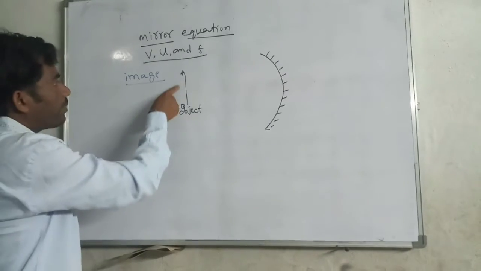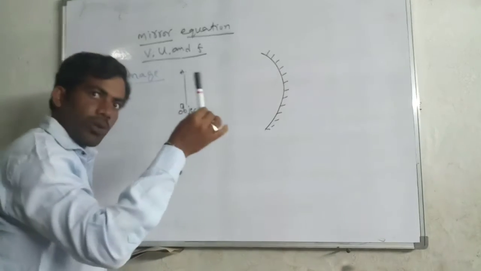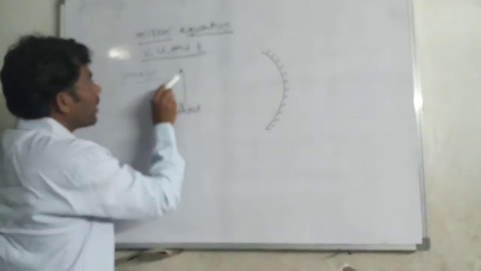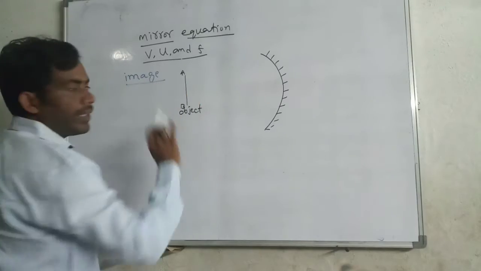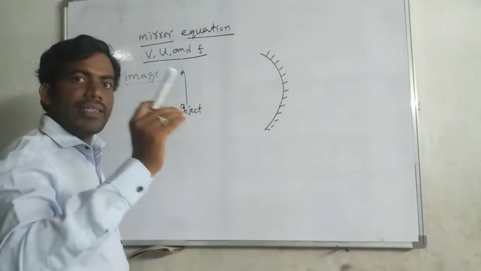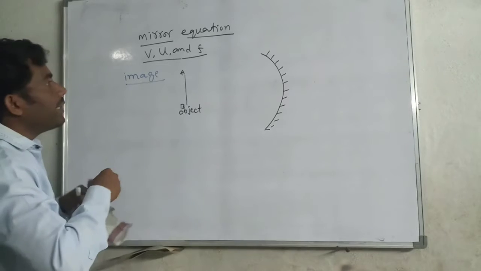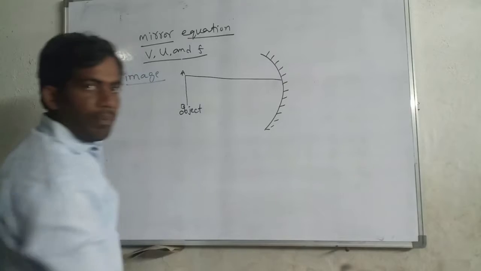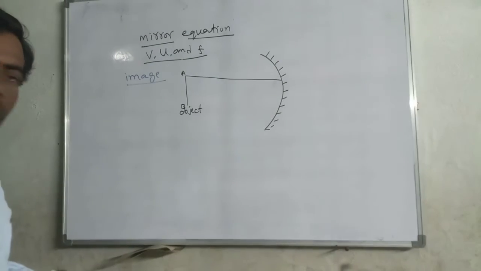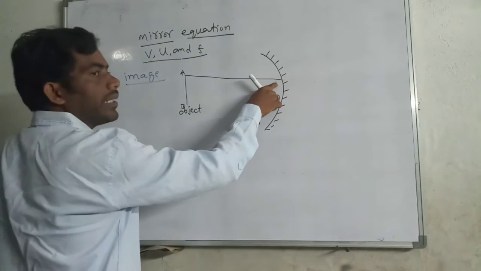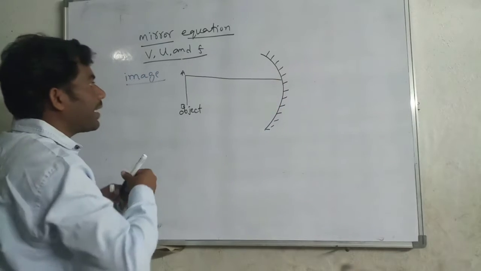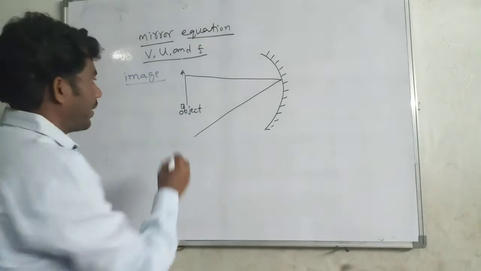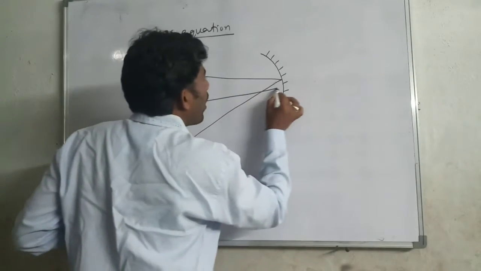This is the object. Then at this point on the object a light ray is emitted, incident on the mirror, and after incidence this ray is reflected. This is the principal axis.